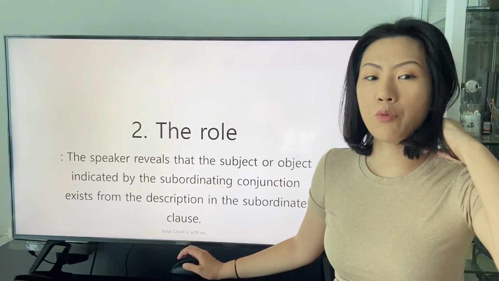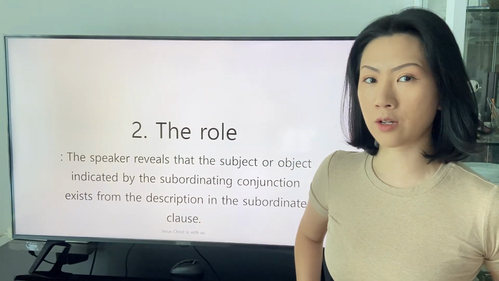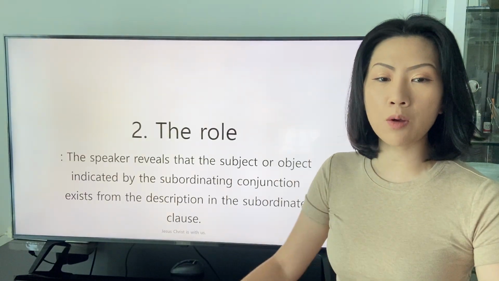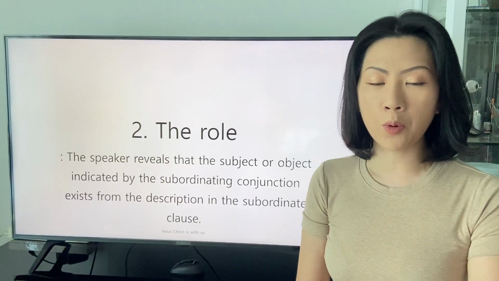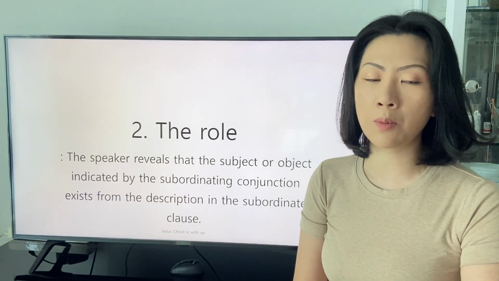Let's study about the role of the subordinating conjunction as a pronoun. The speaker reveals that the subject or object indicated by the subordinating conjunction exists from the description in the subordinate clause.